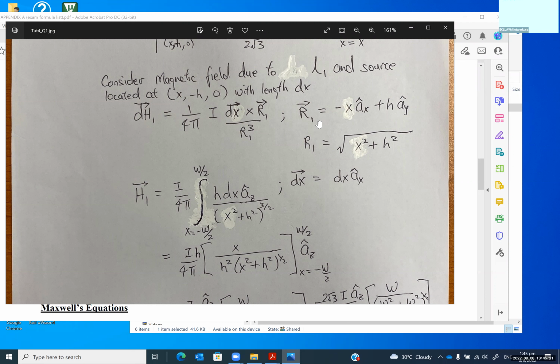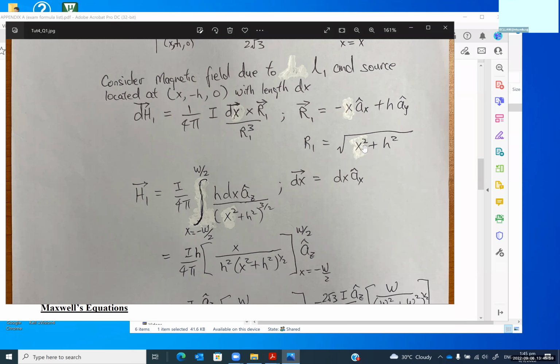Just expand it, multiply term by term. So we take this term of dx, cross with this term of r first. This cross with this means aX cross with aX, which is 0.